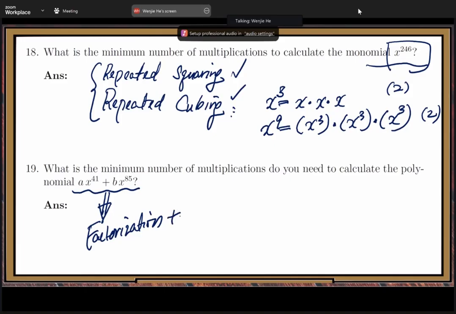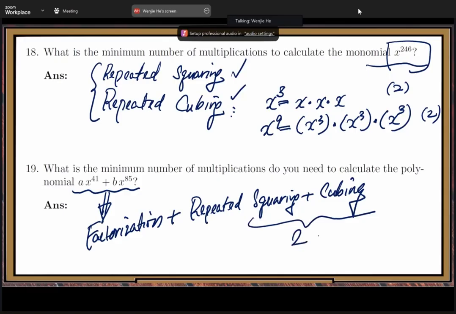After factorization, use repeated squaring and cubing, if necessary, because here you have two tools to use.